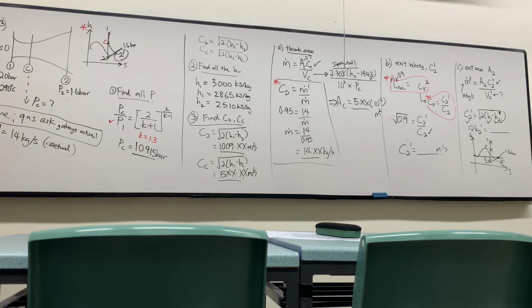So the value is somewhere here. Where? 358.05. How do you sub in the C2? This one is good. This one is supposed to be square root of E. You get this one. You should get about 900.